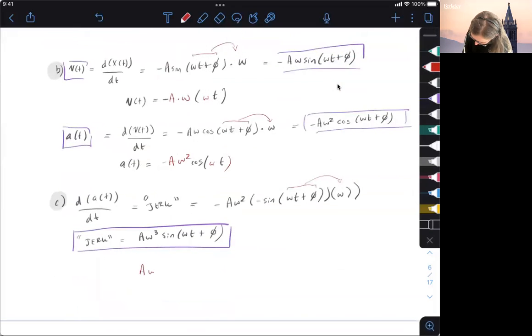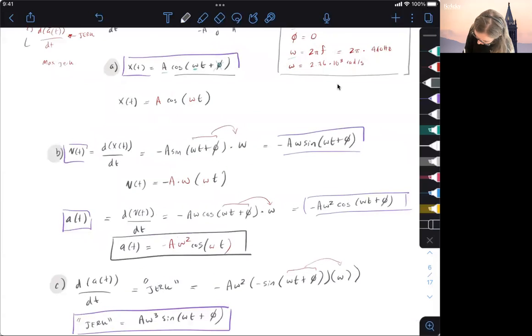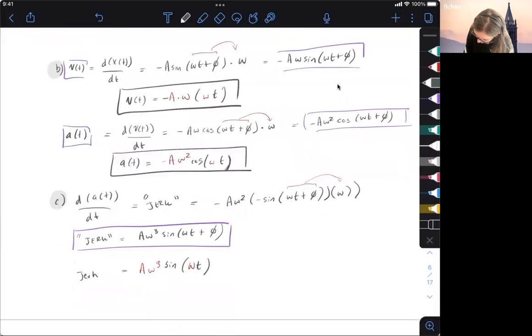So I'd have A W to the third, and then I would have sine of W times t, but then we know that the phi is 0 for all of these, and that would be equal to jerk, right? So then I have an expression for all of these where I'm just plugging in the numbers that I was given from the problem, and I just sort of simplified a little bit.